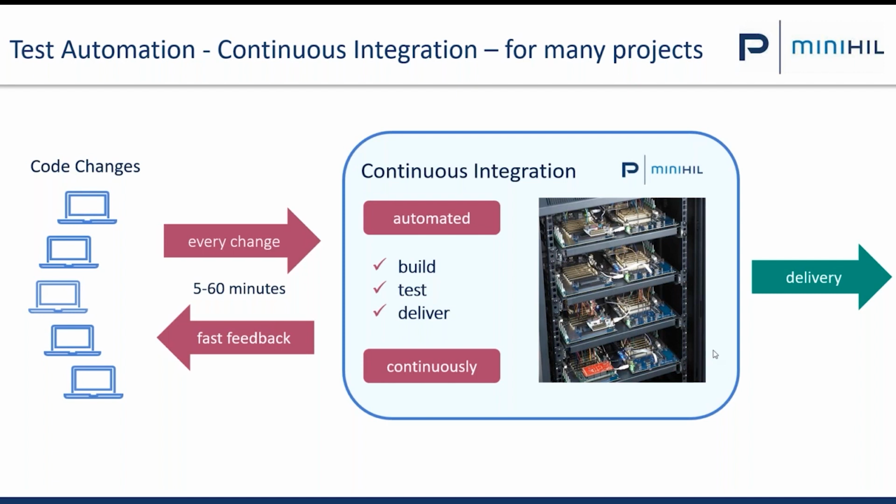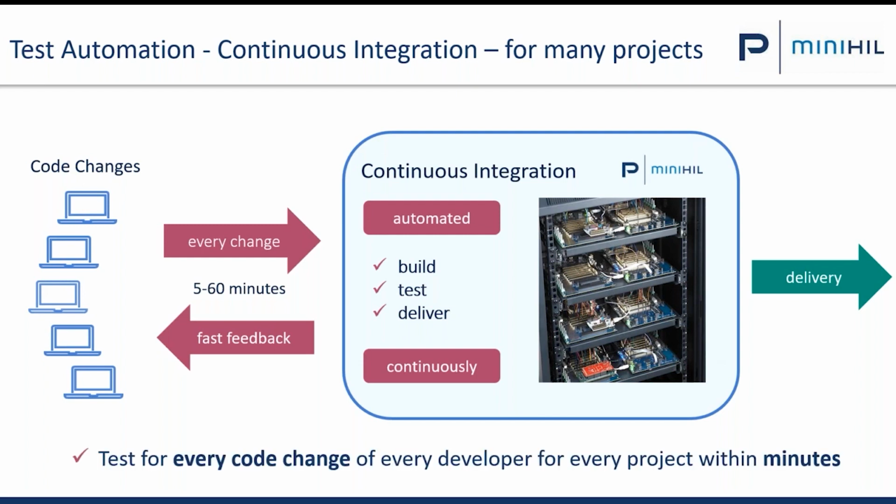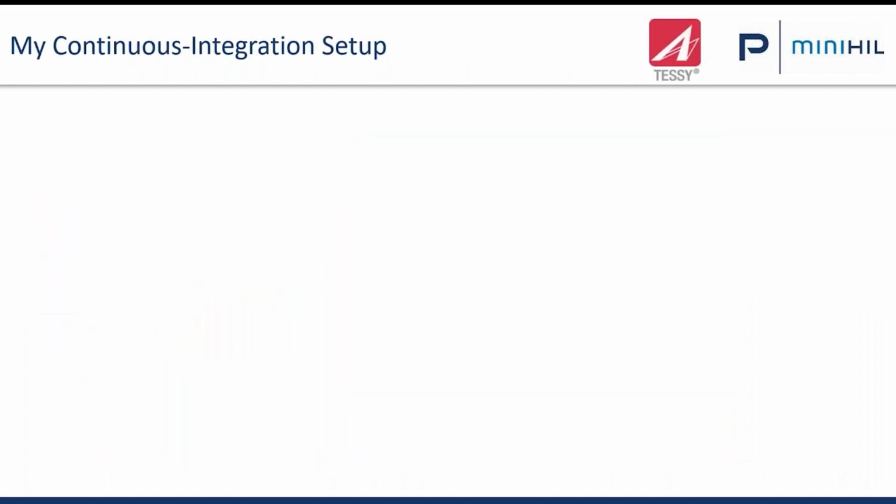So that's a typical setup for continuous integration with hardware in the loop. Every code change of every developer for every project can test it within minutes. If it runs longer, then make 2 stages, one commit stage that runs short and another stage that runs longer. So you want fast feedback.